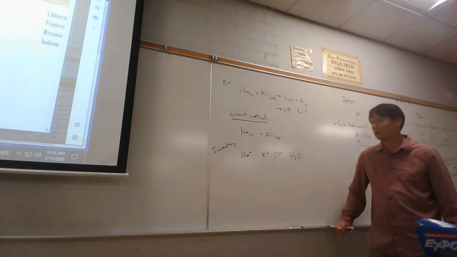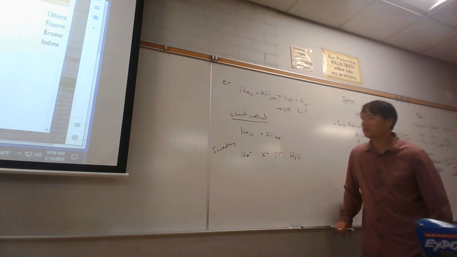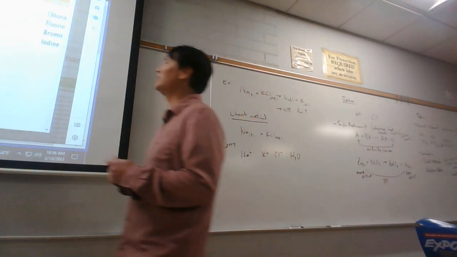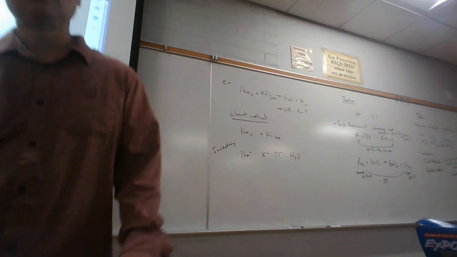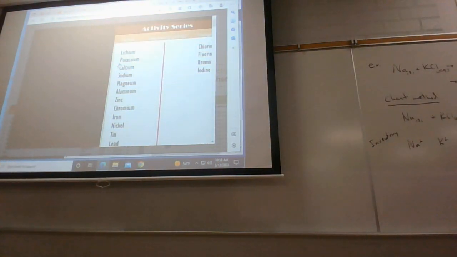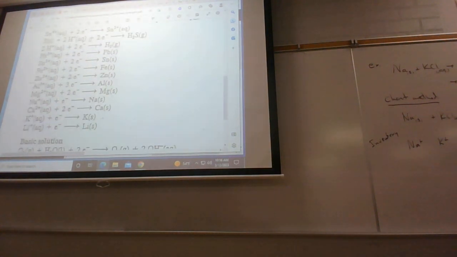We're looking at things completely. Now once we inventory, we aren't going to use the activity series. The activity series is too limiting for us. So we're going to use the redox chart. We aren't going to use the activity series, but the activity series is on the redox chart. Do you see the activity series on the redox chart?